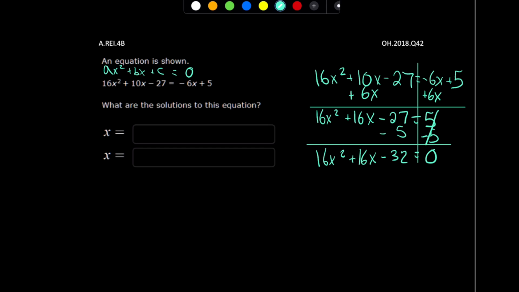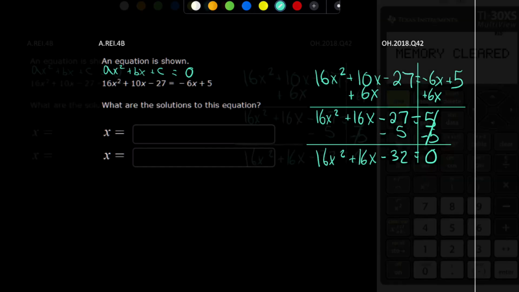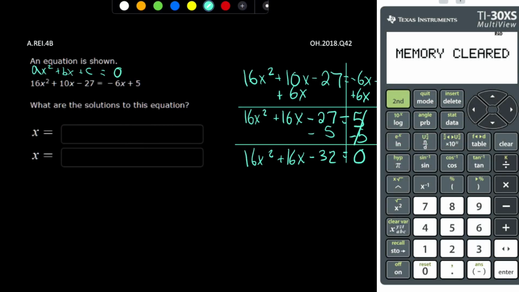So I'm just going to have to do a little bit of editing magic. Move that over. Move this over. Perfect. All right. There we go. All right.